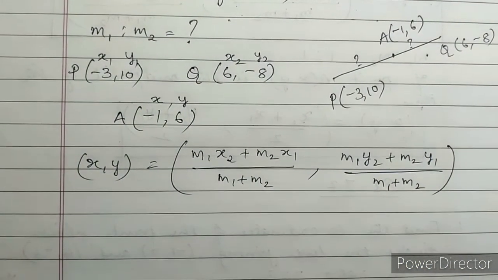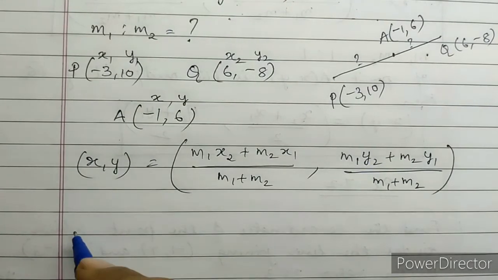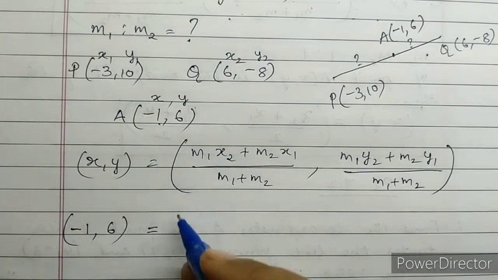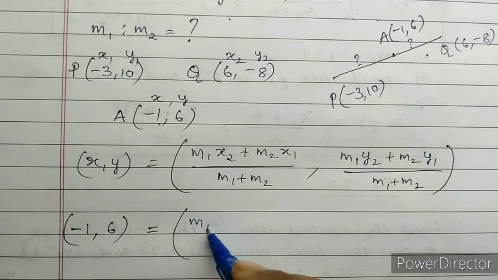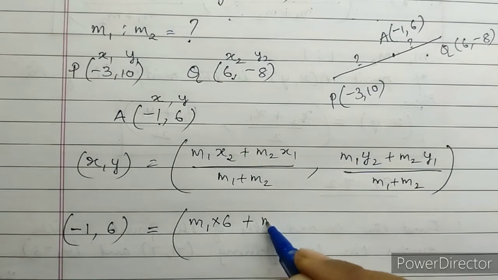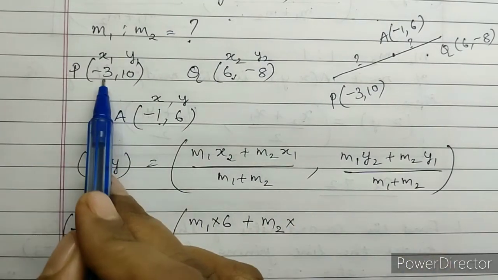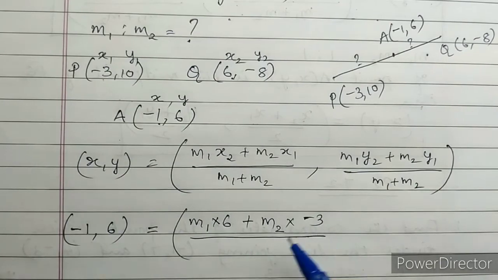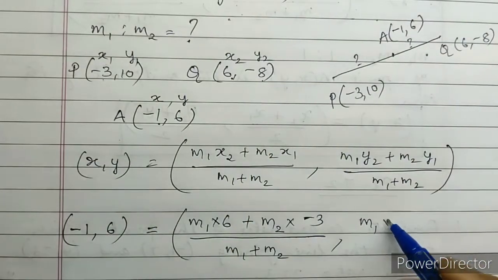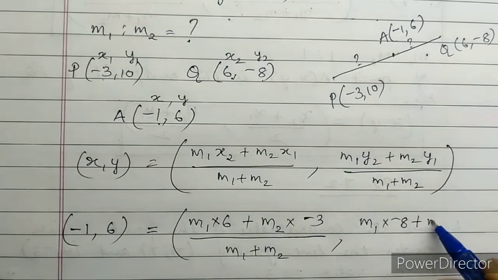Now substitute the values. (x, y) is (-1, 6), coordinates of point A, equals m1 you don't know, m1 into x2 that is 6, m1 into 6 plus m2 you don't know, x1 is -3, divided by m1 plus m2, you don't know m1 and m2, comma m1 y2 into -8 plus m2 y1 is 10, divided by m1 plus m2.